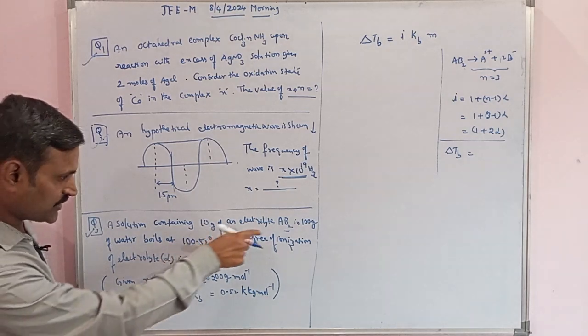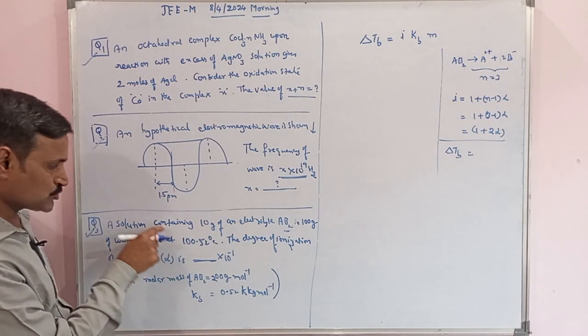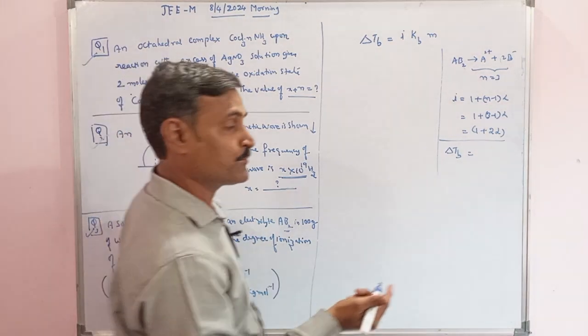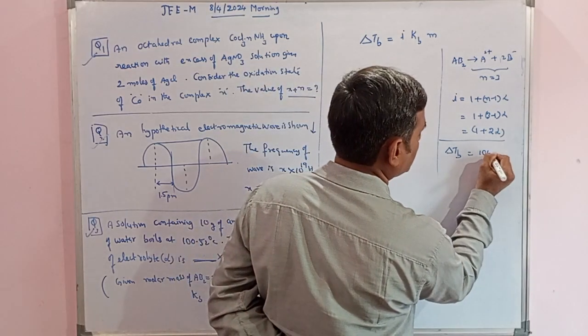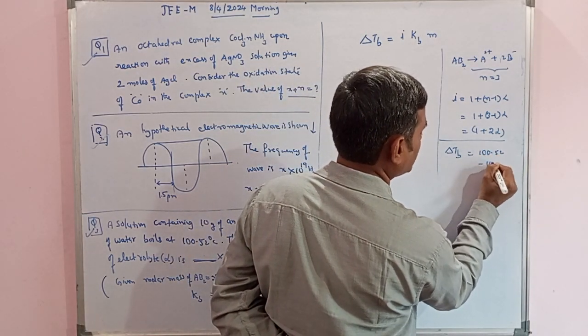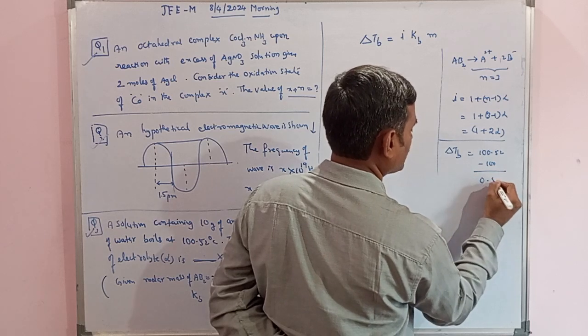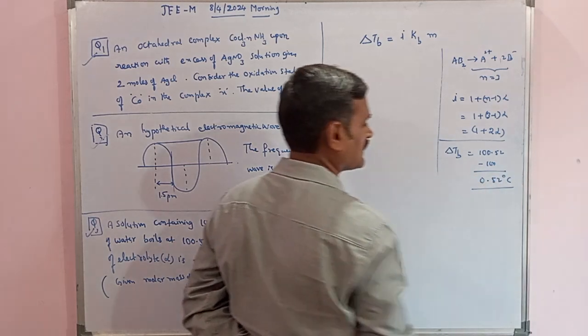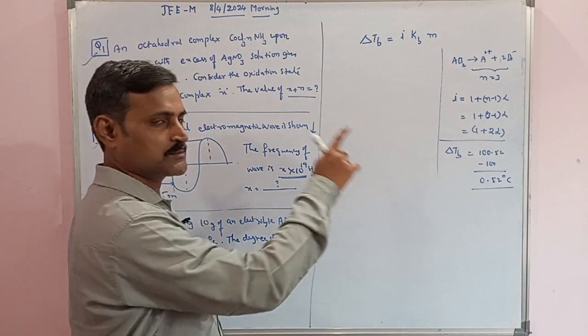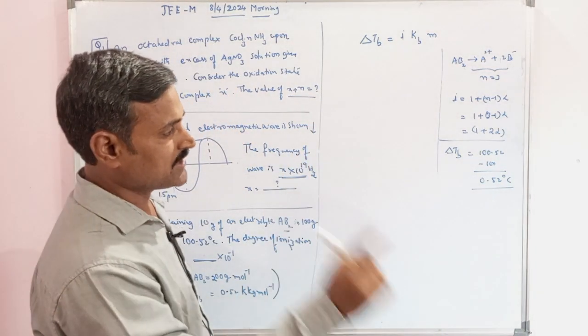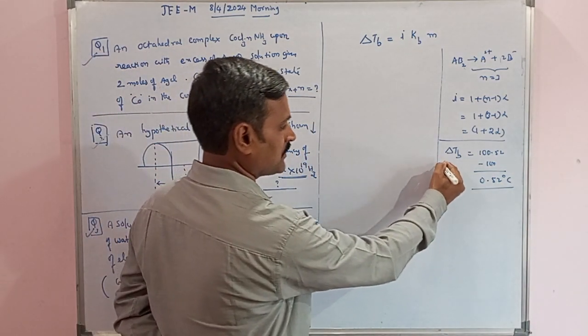This 100.52 is the boiling point of this solution, but the water boiling point is 100. Then 100.52 minus 100 degrees Celsius, 0.52 degrees Celsius, is delta TB. This is solution boiling point minus solvent boiling point.